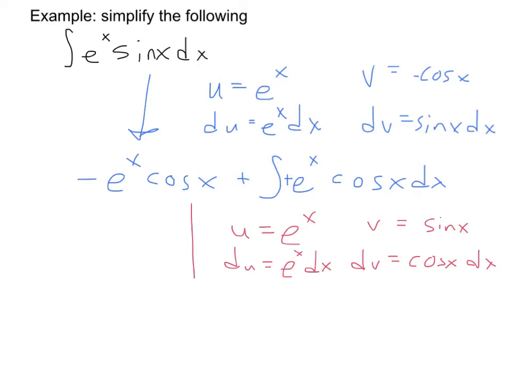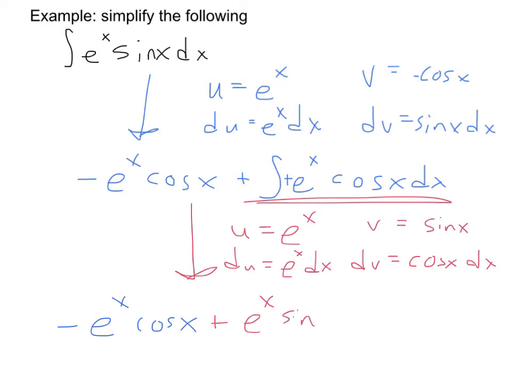So then again, we rewrite the integral portion of this thing. So the negative e to the x cosine x sticks. The rest of that thing becomes plus uv, that's e to the x sine x, minus the integral of v du, that's e to the x sine x dx.